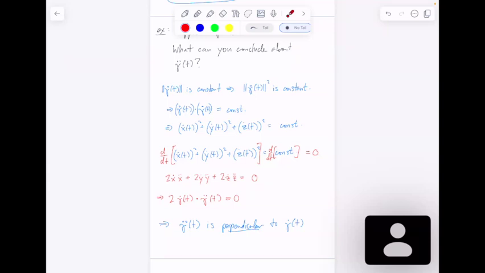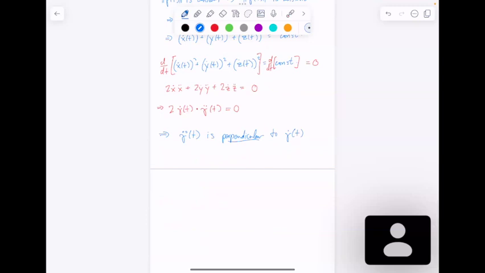So the classic example here is, let's do the next example. Let gamma of t be cos omega t, sine omega t, where omega is constant. Find the acceleration of gamma.